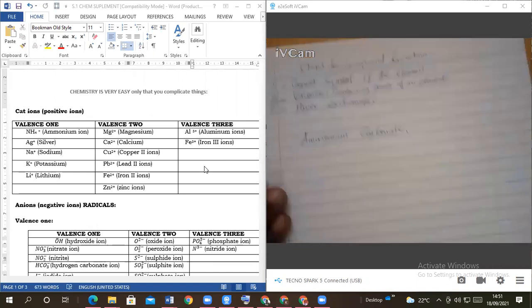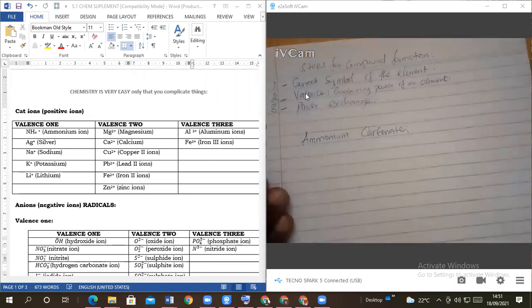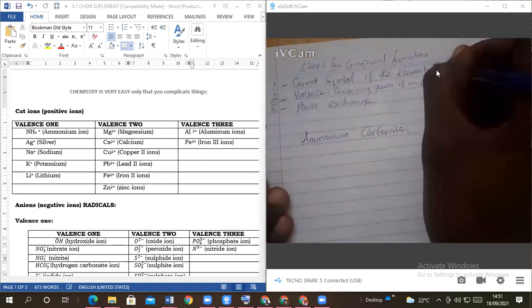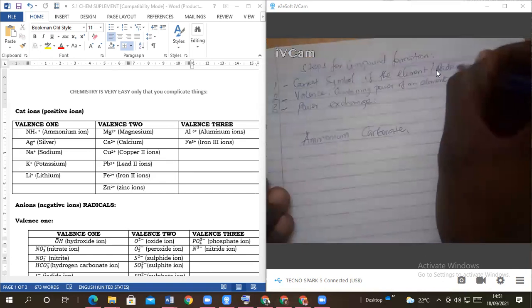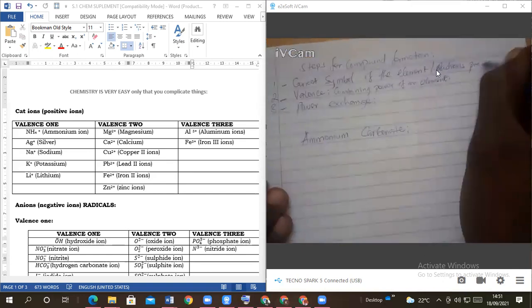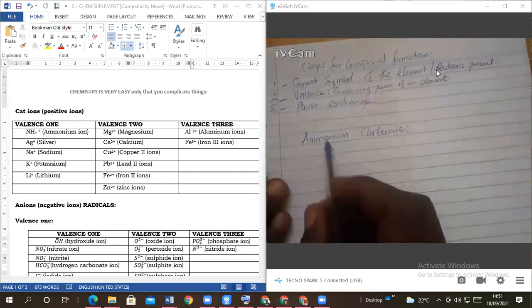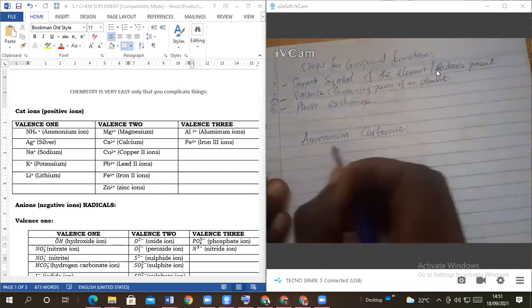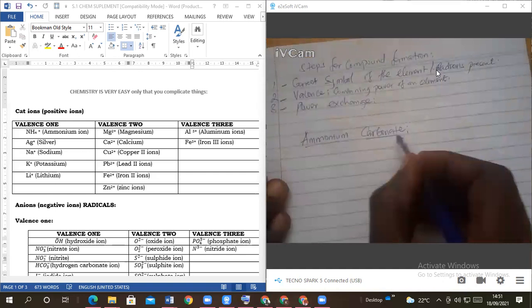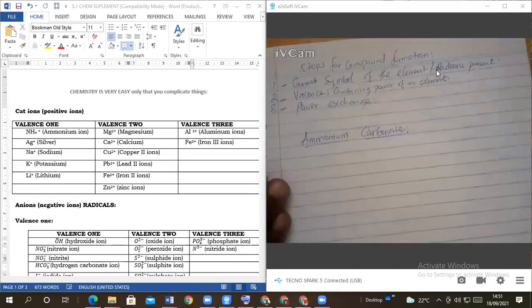The first step is to write the correct symbol of the elements or radicals present. Which elements or radicals are present? We have ammonium and the carbonate.